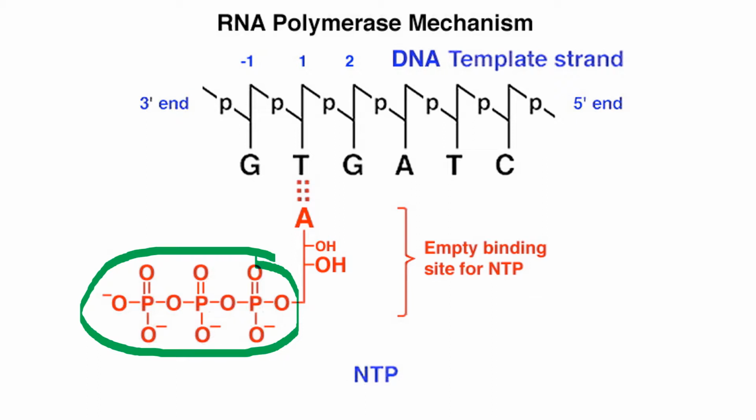Transcription will continue using the 3' hydroxyl, as we saw on the previous slide, to carry out the nucleophilic attack on the alpha phosphate of the next nucleotide. Actually, this slide probably should have been before the other, but that's not the way they were numbered. At any rate, the first nucleotide in an mRNA transcript is an A residue.